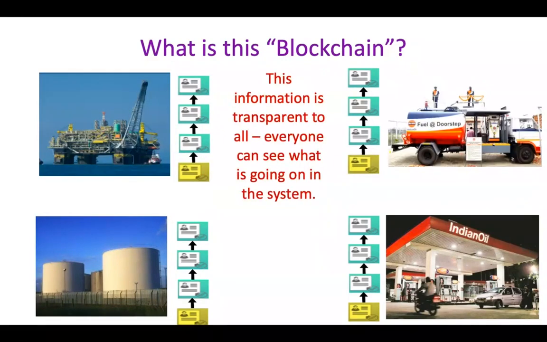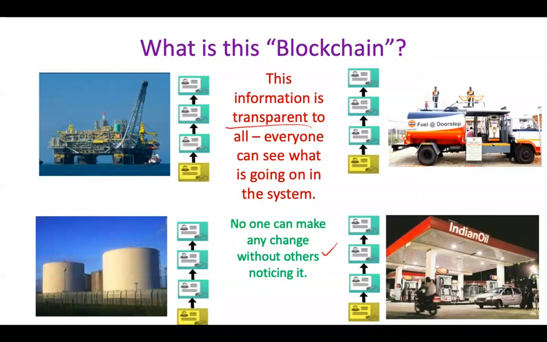This information is transparent to all the nodes in the network, so everyone can see what is going on in the system. No one can make any changes without others noticing, to maintain transparency among every node.